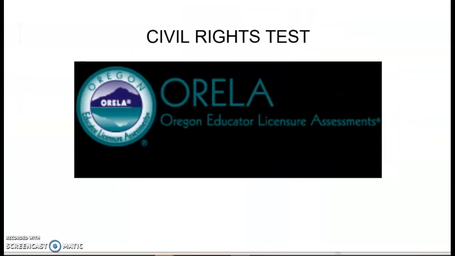The state of Oregon has a panel called ORELA, the Oregon Educator Licensure Assessment Group, that puts together all the subject tests if you want to be a science teacher or a math teacher, and also puts together a civil rights test which every single teacher has to take and pass in order to be licensed in Oregon.